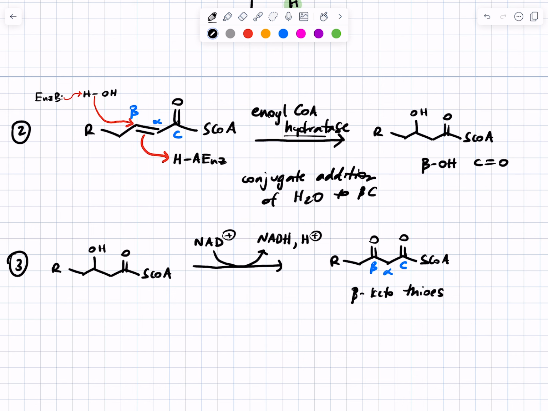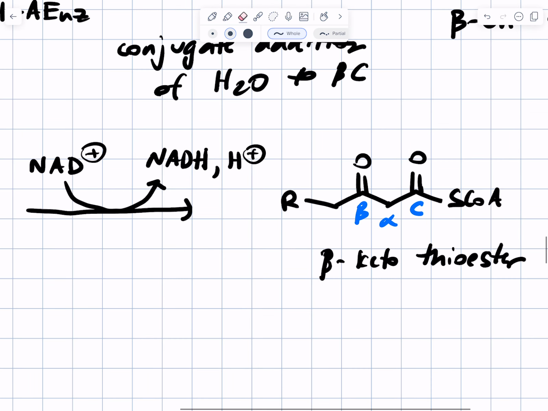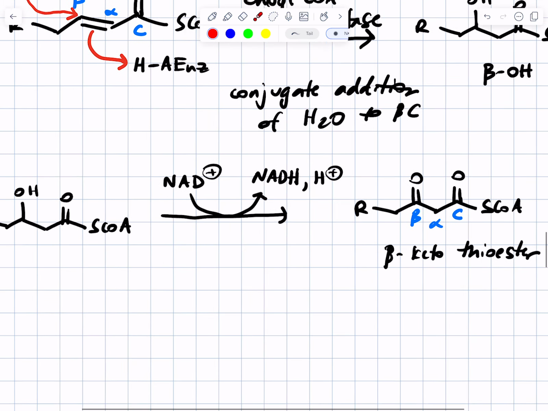And you should recognize beta keto thioesters, or at least beta keto carbonyl compounds, because we've said that they are the products of Claisen reactions. And nature at this stage is set to do a retro-Claisen reaction that is going to break the bond between the alpha and the beta carbons.